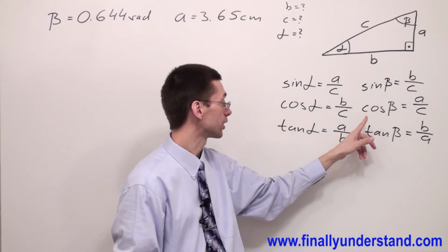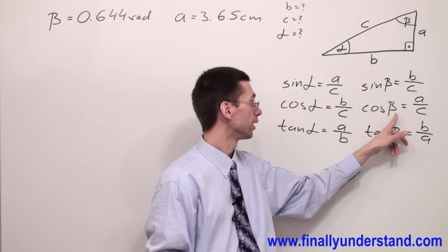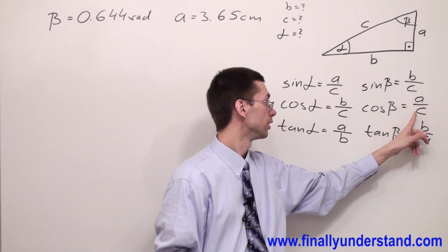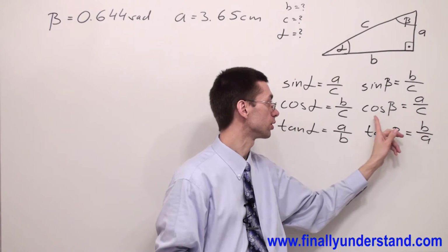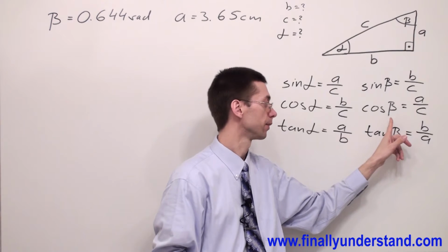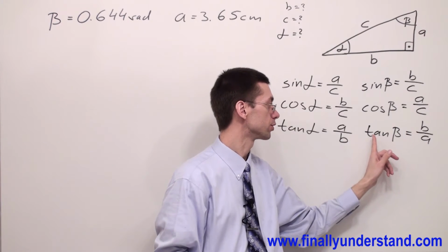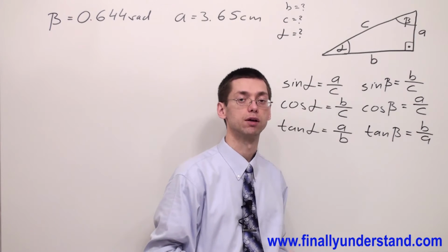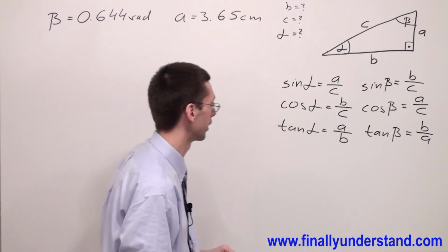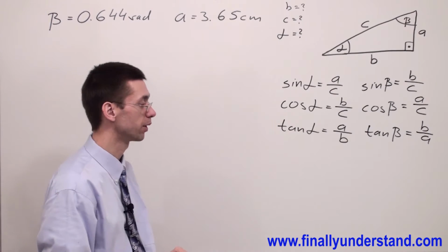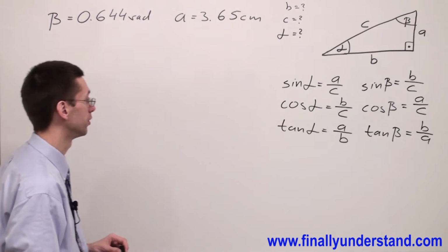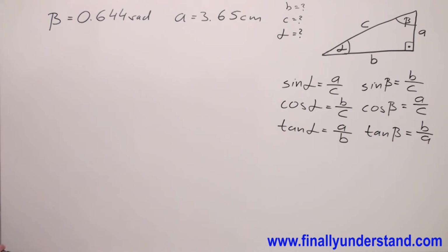Also, I can find side C using the formula for cosine. But I'm going to first find, for example, B. I'm going to use the formula for tangent beta. Why tangent beta? Just in order to practice different ways to solve this problem.